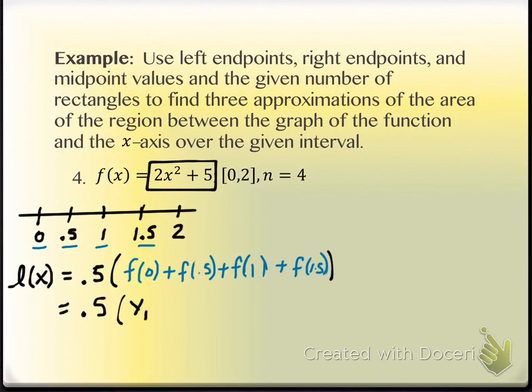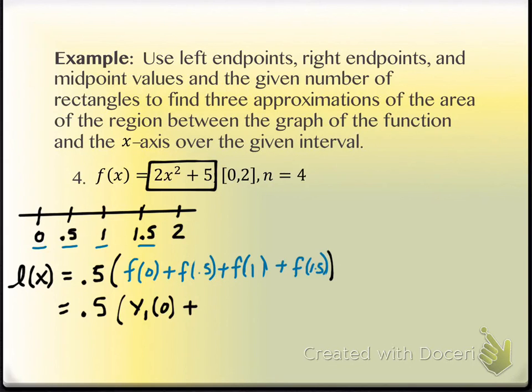Hit vars, arrow over to y vars. It's a function, y1. Then it'll put that back into your regular screen, just like it looks on my screen on the board right now. And then you're going to put a parenthesis, 0, plus.